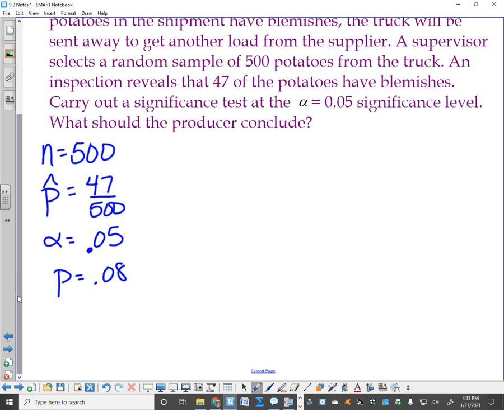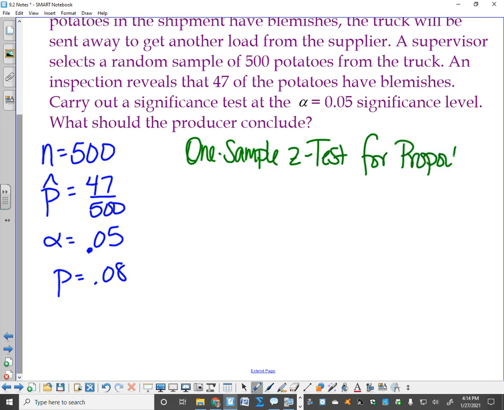All right, this is a one sample z-test for proportions. Proportions calls for a z-test. If it was means, it'd be a t-test. P is my parameter, because this parameter is a proportion.